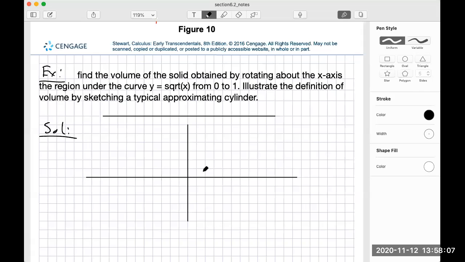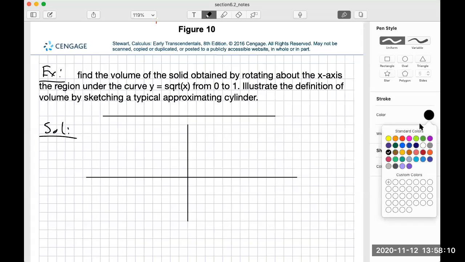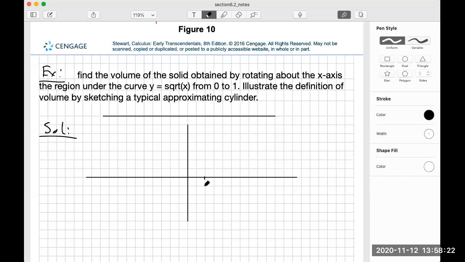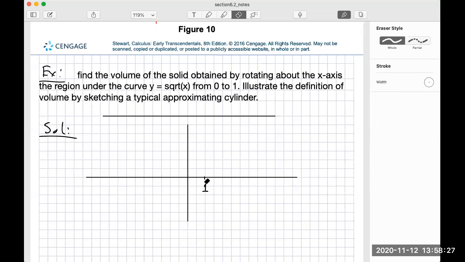The domain and everything. For the easiest way, here we know that y is equal to square root of x, from 0 to 1, right?